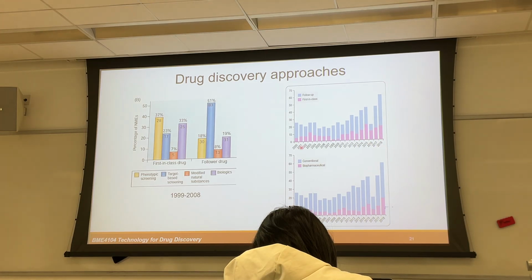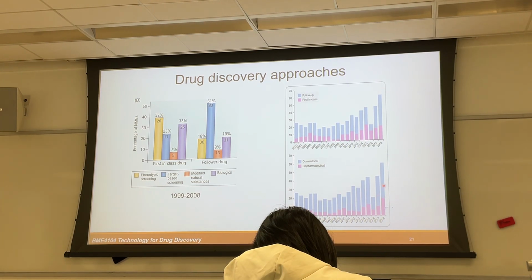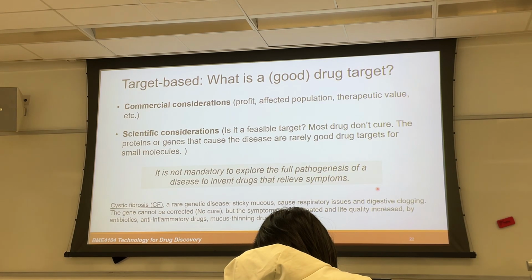And also, we have the small molecule drugs, the conventional ones, versus the biological ones. You can see the biological ones are increasing a lot recently as well. And hopefully we can see a much higher percentage of biologics with the technology being more developed. Okay, so we'll stop here for the first section.